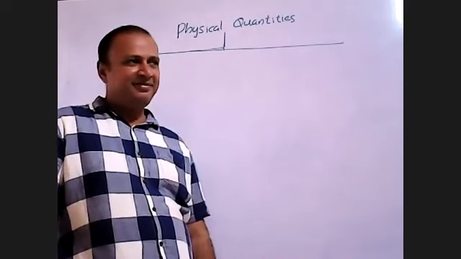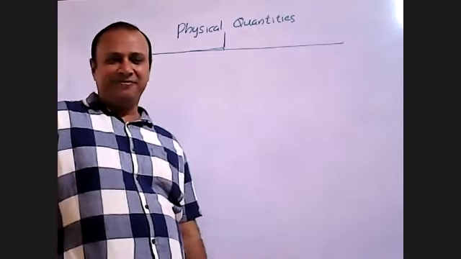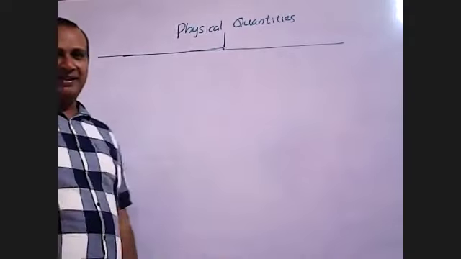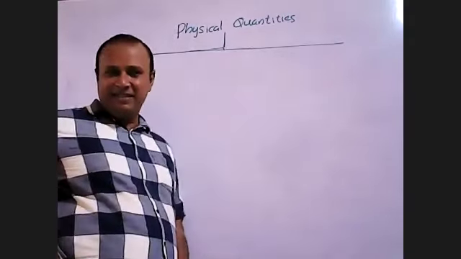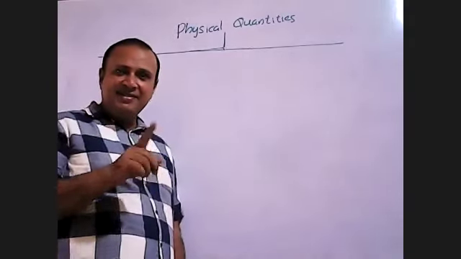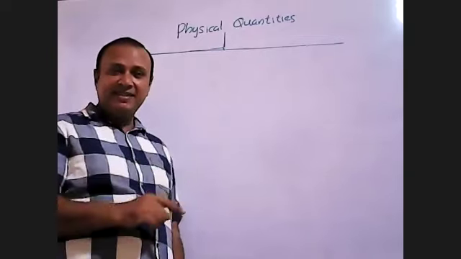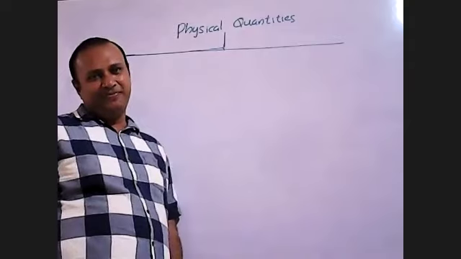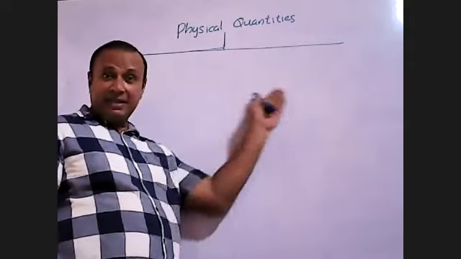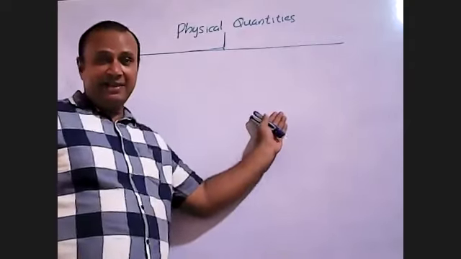And that's a special character. What is that? That is angle. Angle does not have a dimension, but it has a unit. Therefore, there's another category.